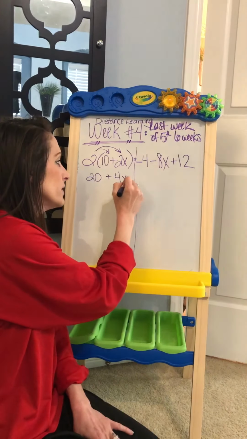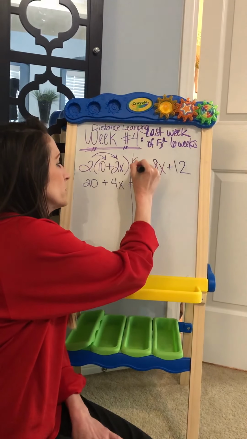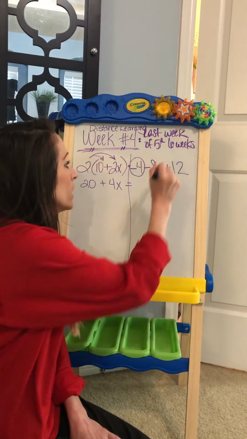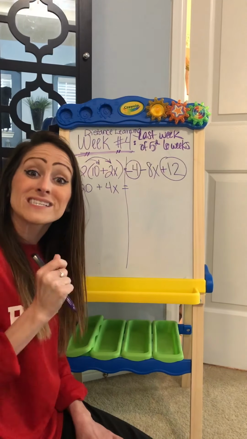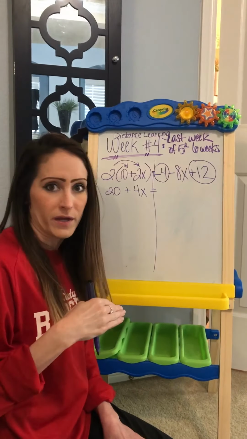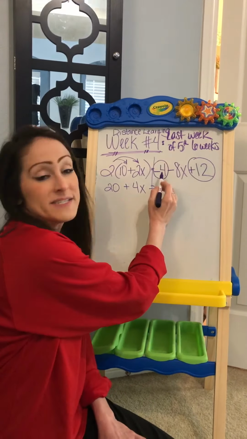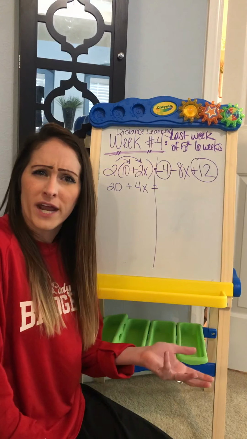This side has no parentheses, so it's already expanded out, but I do see 2 things that can be combined. I'm going to go ahead and circle them. The -4 and the 12. Please be mindful and remember the sign in front of the value goes with it. So this is indeed -4. Now we have integers. We have -4 and 12. Think back to what I taught you about money. If you're -4 in your bank account and you go deposit $12, are you still negative?